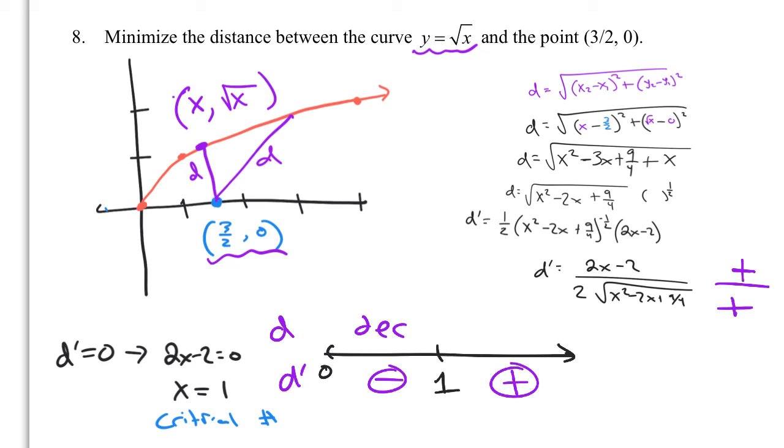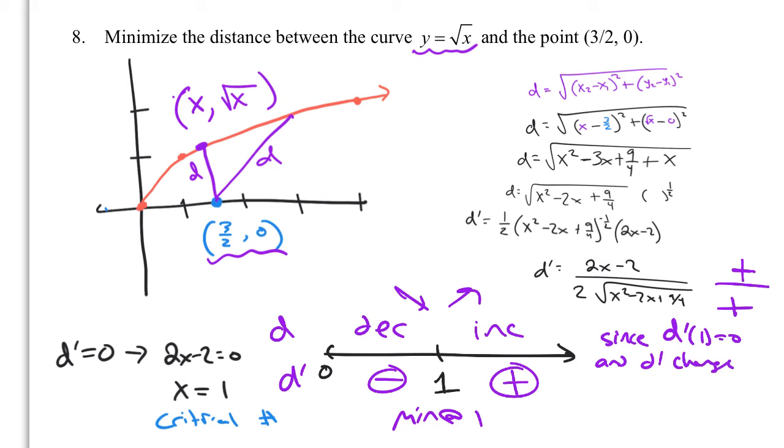So I have a positive derivative, which means we're increasing, which means 1 is a minimum. So min at 1. And so we can finish off with our statement that since d prime of 1 equals 0 and d prime changes from negative to positive, there is a min at x equals 1.